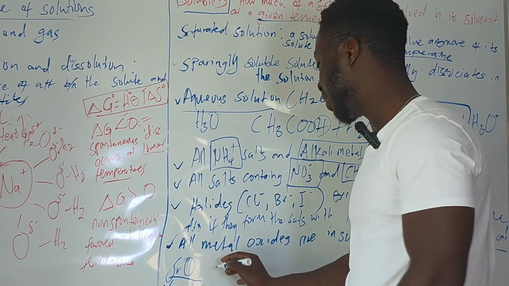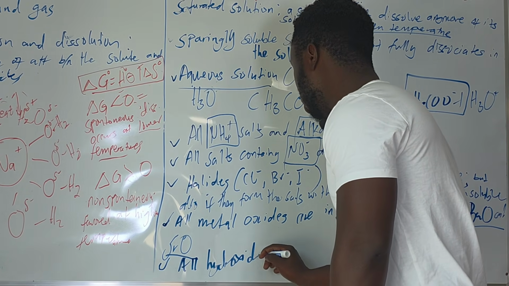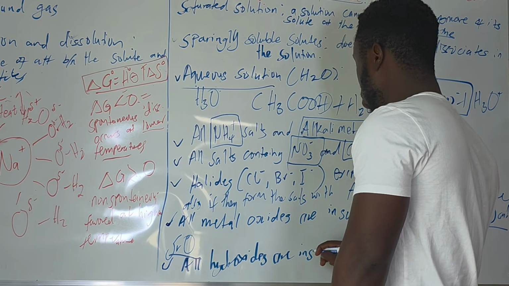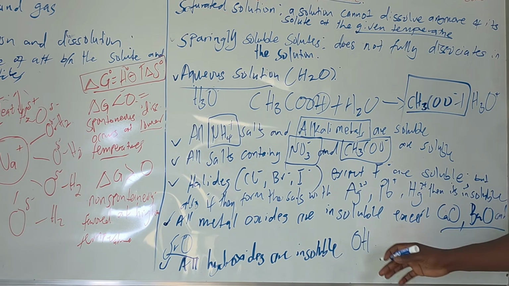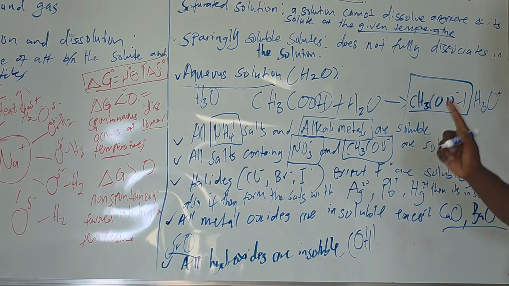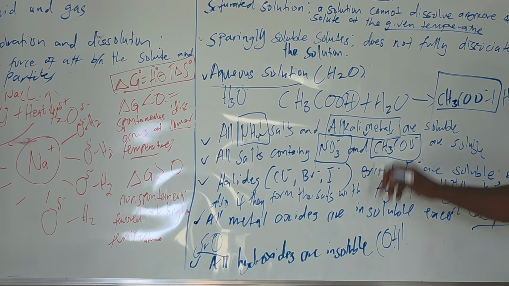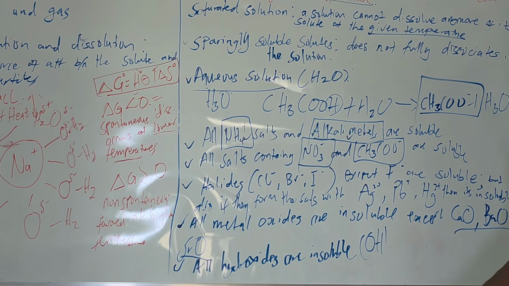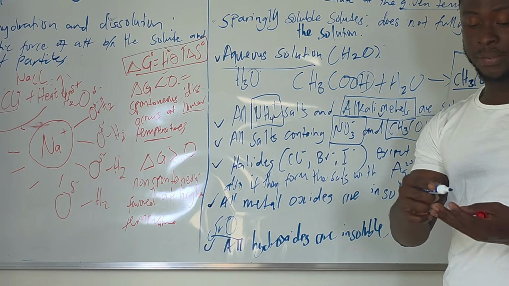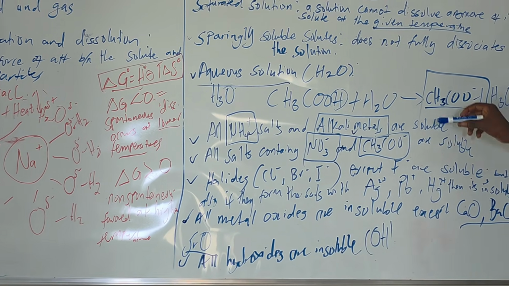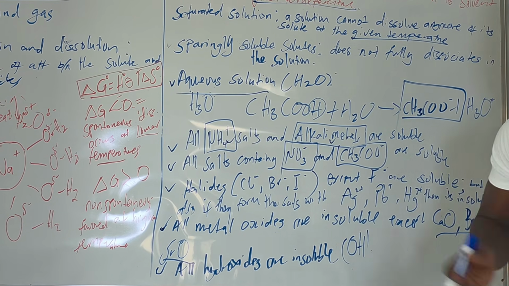So anything that contains OH is insoluble, except again, if they form with these alkali metals over here, then they are soluble, because these, no matter where they go, are soluble. And 1, 2, 3, 4, 5, there are two more left. But what I would say is that the first two of the solubility rules are non-negotiable.